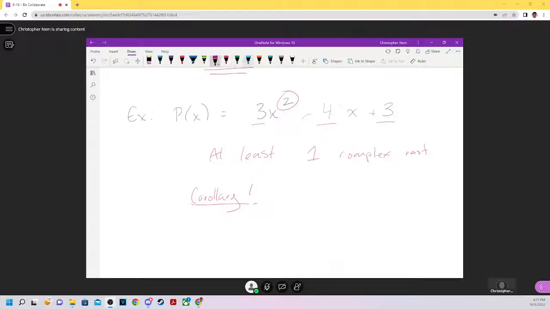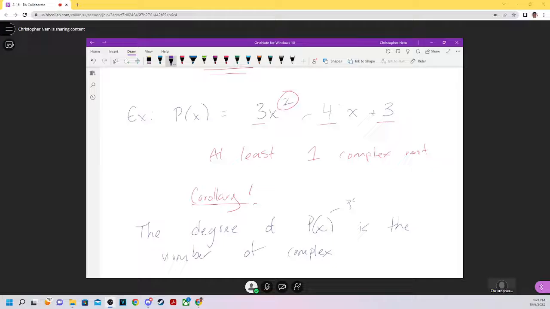The corollary I will tell you is that, what's that? I could just write it myself. I think I will. The degree of P of x is the number of complex roots.